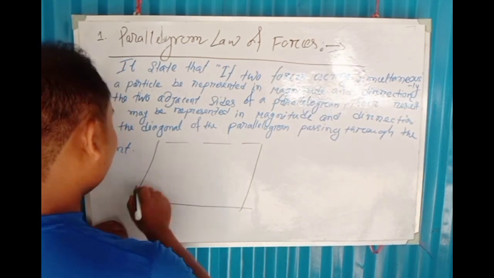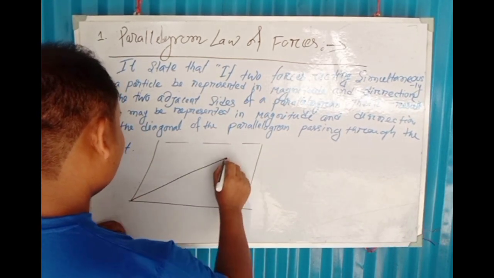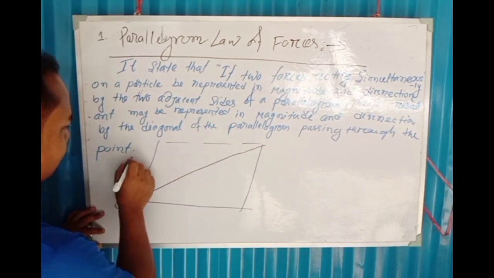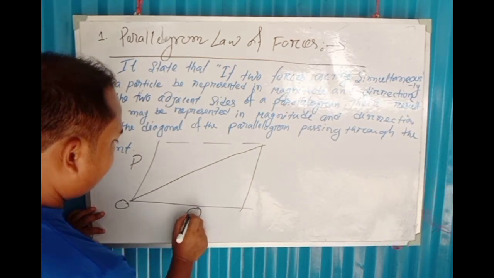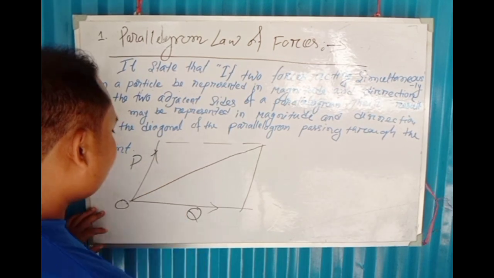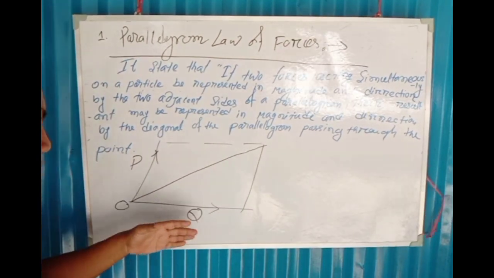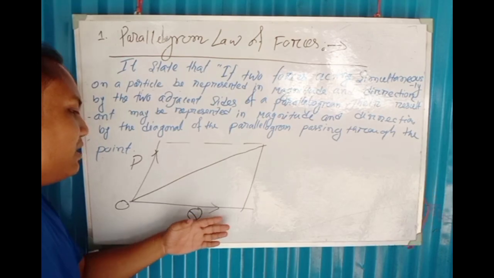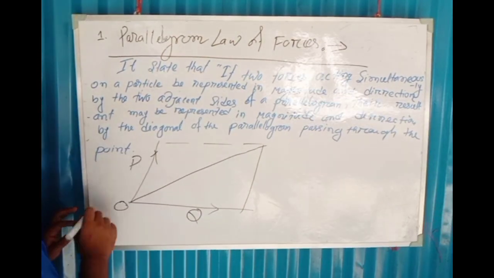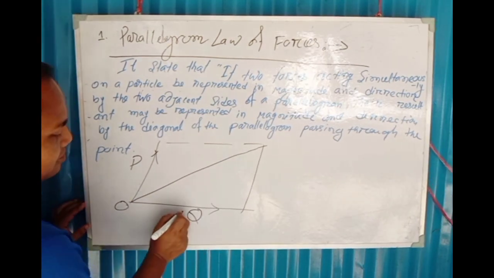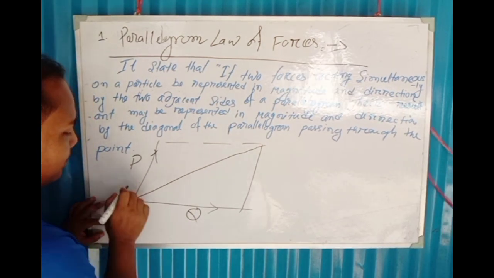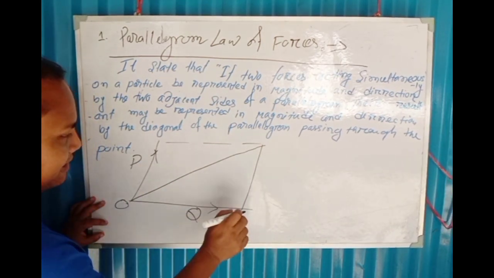This is the parallelogram, with O, P and Q. The arrows indicate the direction in which the force is acting. There are two forces, one is force P and another is force Q, acting along two adjacent sides.